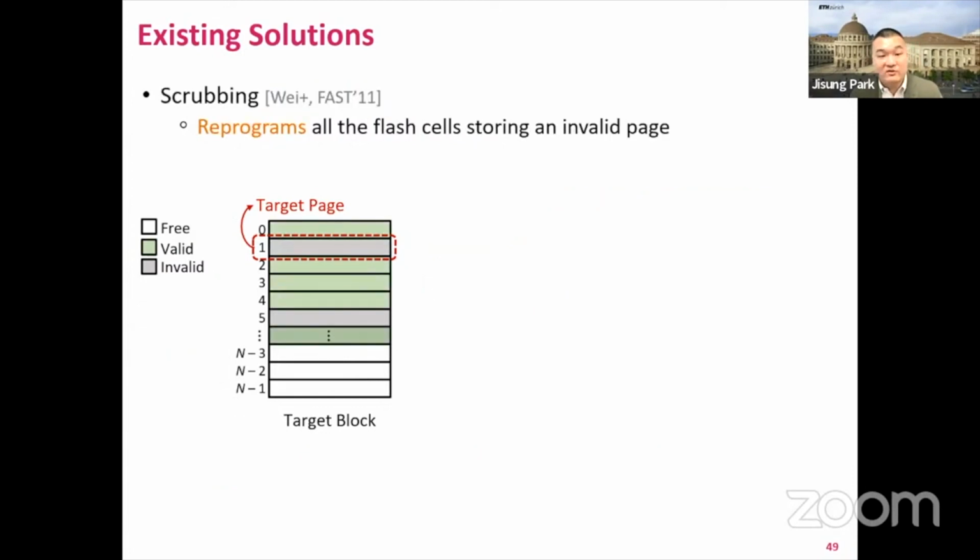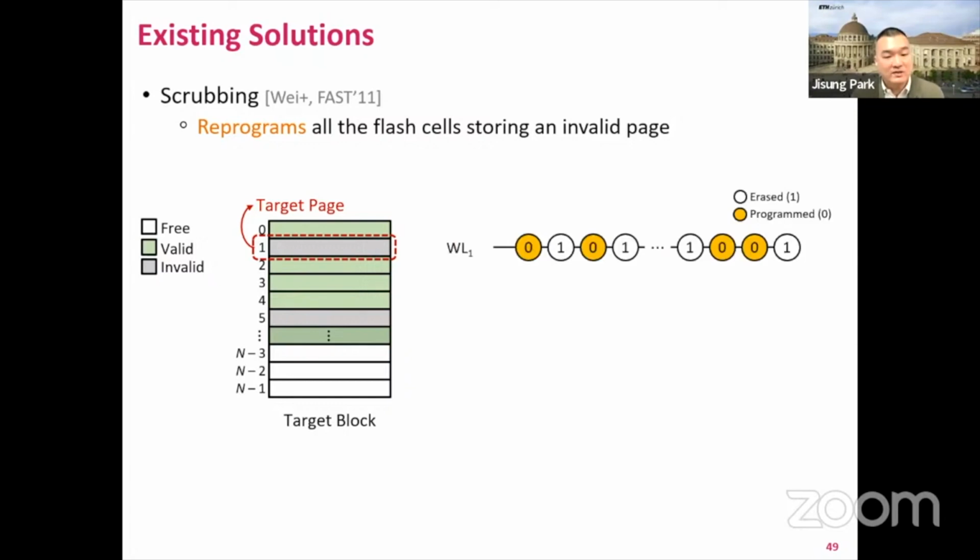To address this, prior work proposed a data sanitization technique called scrubbing. The key idea of scrubbing is to reprogram all the flash cells that store an invalid page. It means that instead of erasing all the cells, scrubbing reprograms all the cells to be 0 cells.